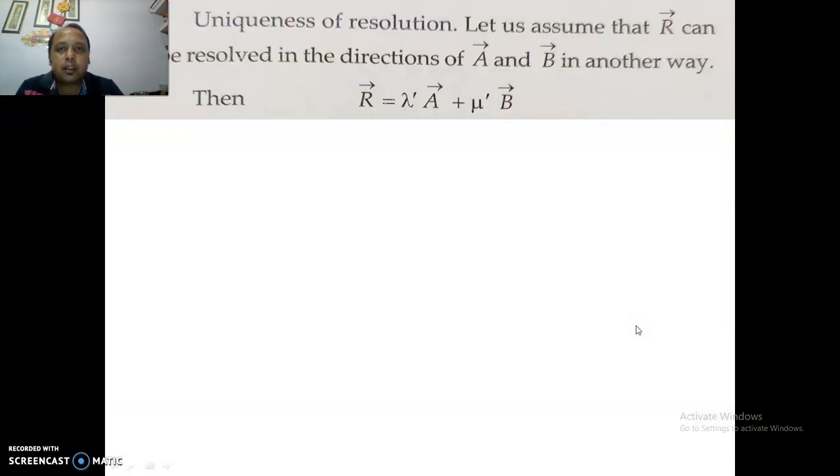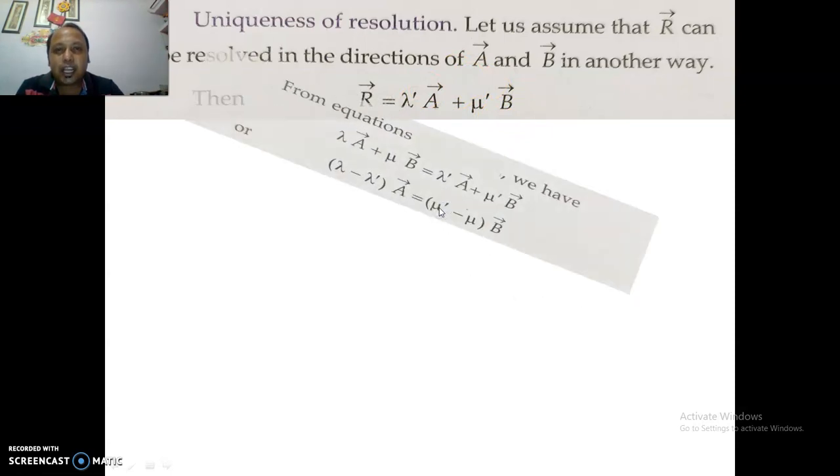Now we have seen vector R is represented by lambda vector A plus mu vector B, but let us prove here that lambda and mu cannot have other values. That means if you put lambda dash instead of lambda and mu dash instead of mu, then vector R has two equations.